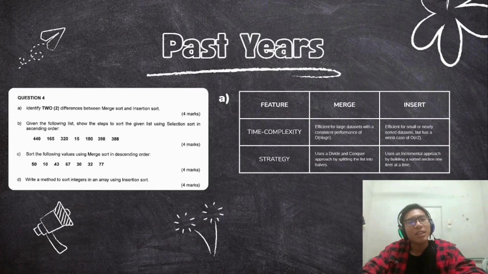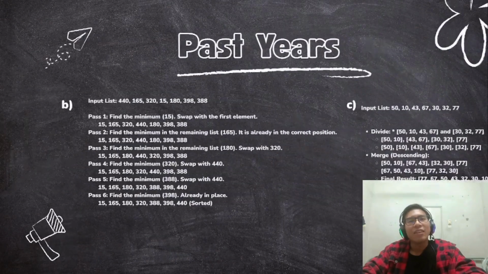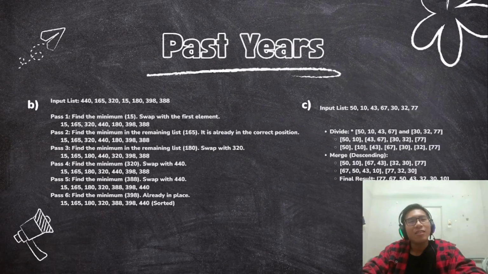Meanwhile, insertion uses an incremental approach by building a sorted section one item at a time. For question B, given the following list, show the steps to sort the given list using selection sort in ascending order. I've done this question and it's a little long. The thing of note is that for pass 2, it's already in the correct position, so there's nothing to change.